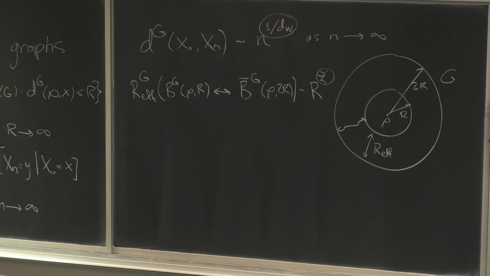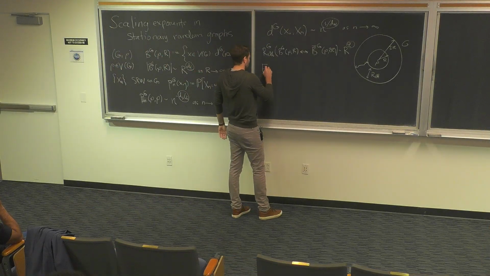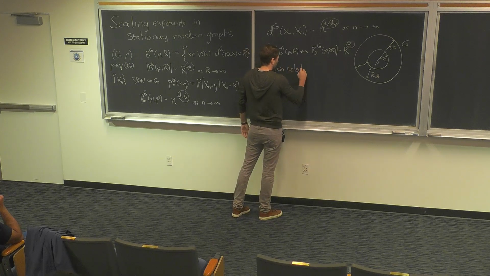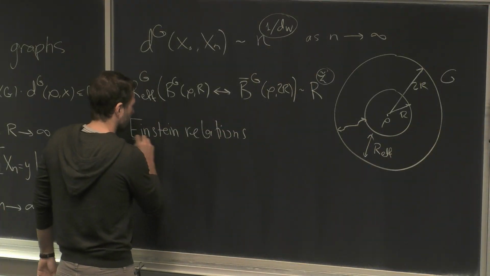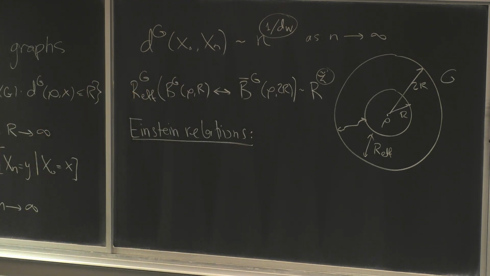Okay, so there's a bunch of exponents, and here are some. I'll give these exponents meaning in a second. We'll talk about some explicit examples. But here are the so-called Einstein relationships: when things are sufficiently well set up, here are the relationships that one might expect to hold.